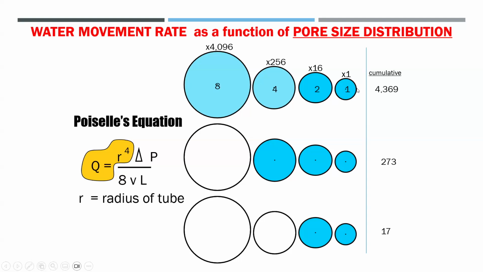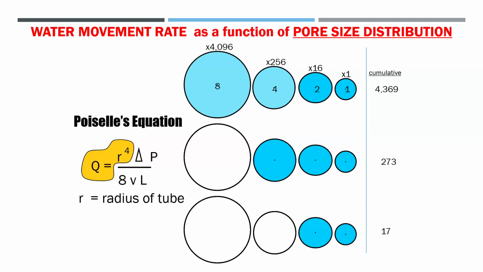If I make it twice the radius, it's going to be to the fourth power. So 1 times 1 times 1 times 1 is still 1. If I make that 2, 2 times 2 times 2 times 2 is 16. So even though I went twice as wide, twice the radius, not the diameter, but the radius from the middle to the edge, I'm going to move 16 times as much water.